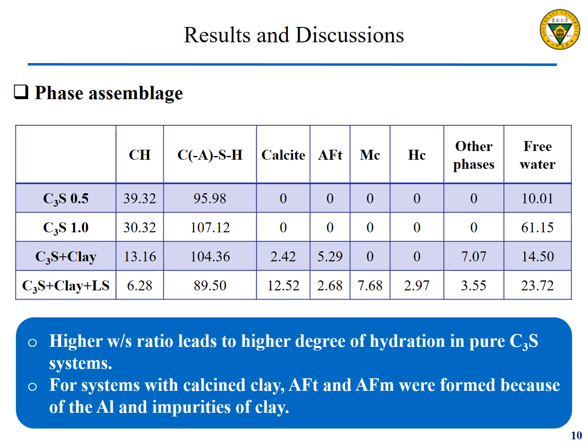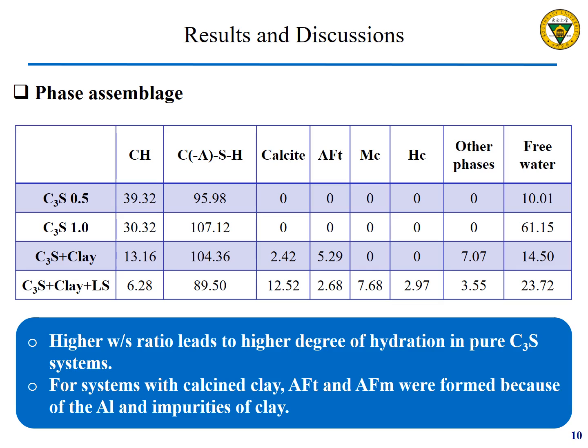The analysis of the phase content is helpful for understanding the binding capacity, because for the pure C3S systems we can see the C-S-H content is different for 0.5 and 1.0 water-to-solid ratio. However, the binding capacities we showed before are quite similar. Therefore, the C-S-H content is not the only factor which can affect the binding capacity.